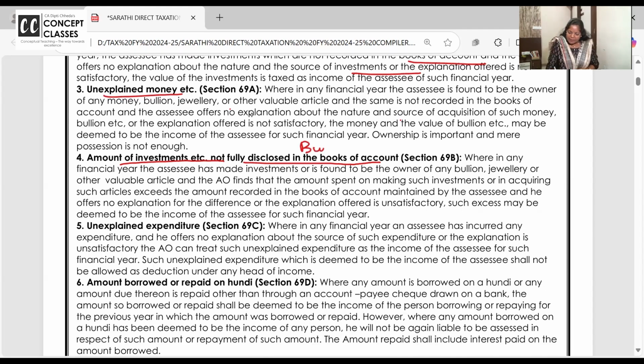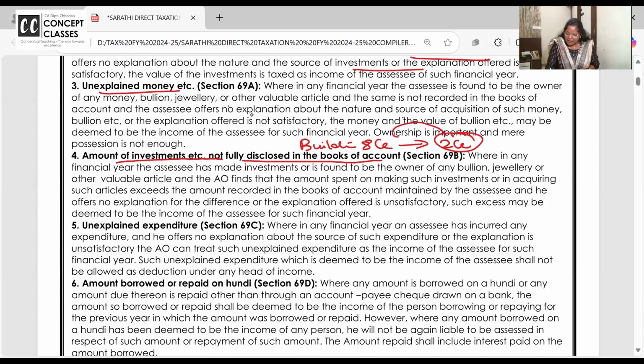I purchased a building for my business purpose for 8 crore, but in the registration and all, I showed 2 crore. When the department came, they said, nowhere are tiles used, it's all Italian marble and veneer, you can't make this building in 2 crore. You have spent more for this building, but you are not showing it.